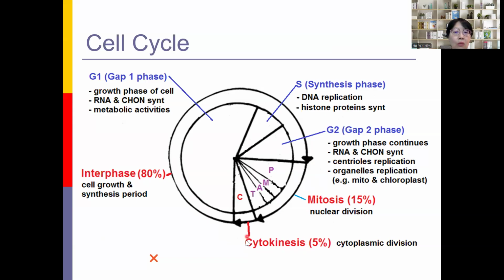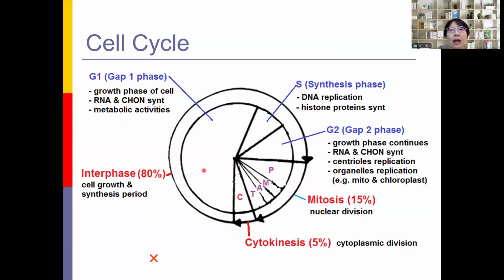So you need to know that cytokinesis is not mitosis. Cytokinesis is after mitosis, because mitosis is nuclear division. Interphase is further divided into G1, S and G2 phase. So you know that after a cell is formed, it's very small. Okay. And then during interphase is where a lot of synthesis, a lot of metabolism happens.